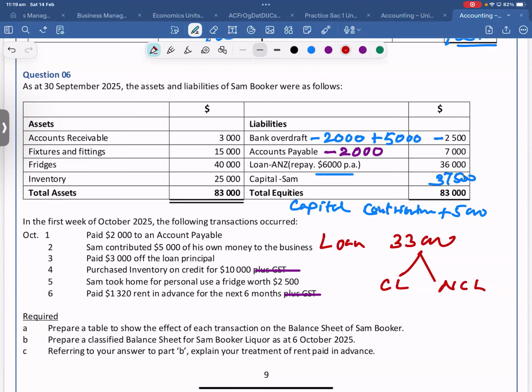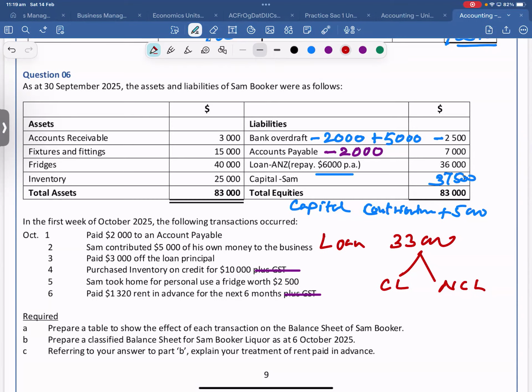Actually, Tinura, within the next year, would it be 3,000 repayable or 6,000? Well, hasn't he already paid? Yes, but still you have to pay another 6,000 within the next year. Why? Because the time frame is 12 months.